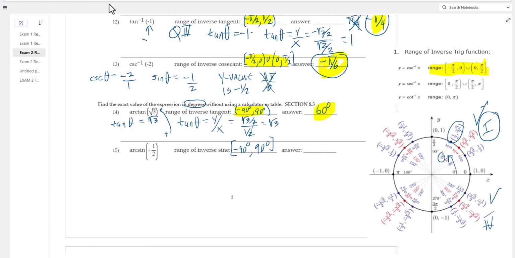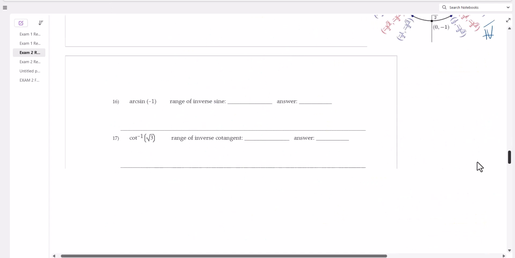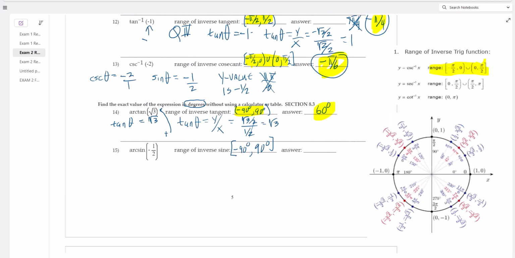So you're either in quadrant 1 or quadrant 4, because this is an inverse sine, and this is a negative number, so that forces you to be in quadrant 4. The meaning of this problem is sine theta equals negative 1/2.